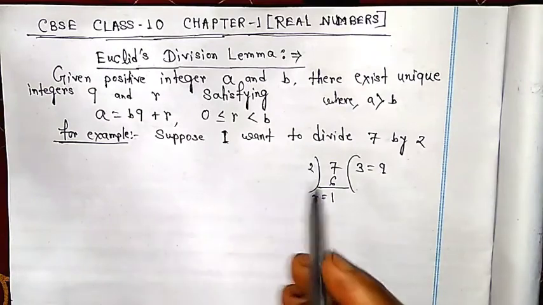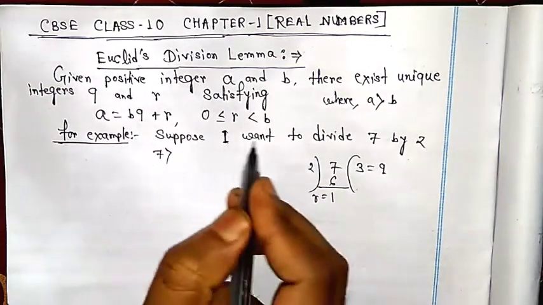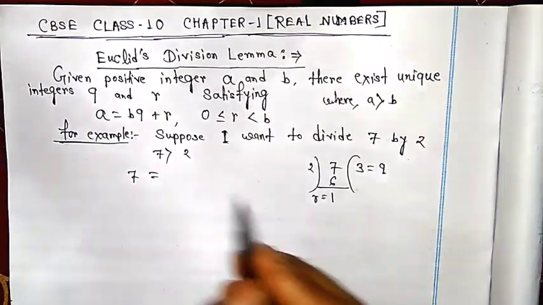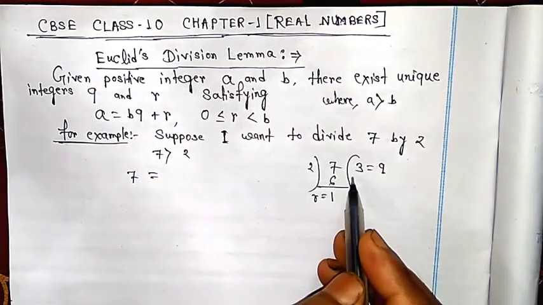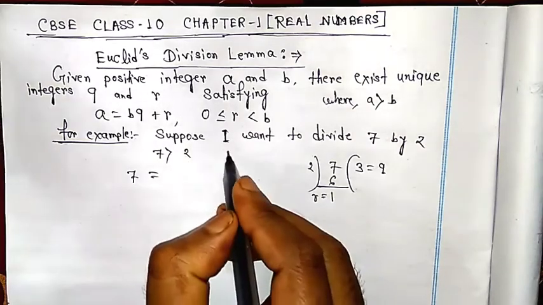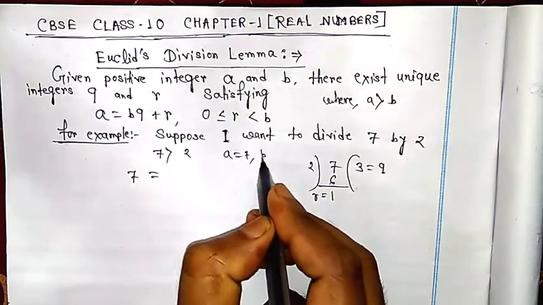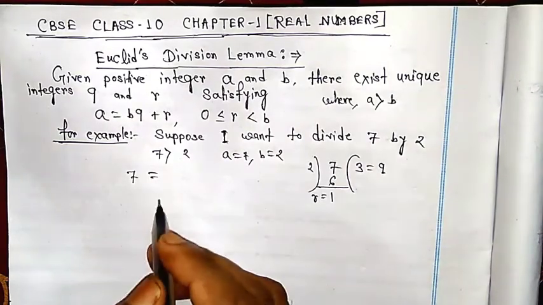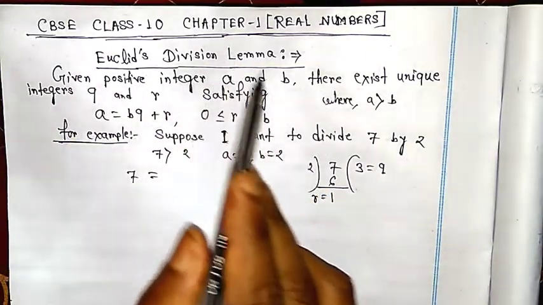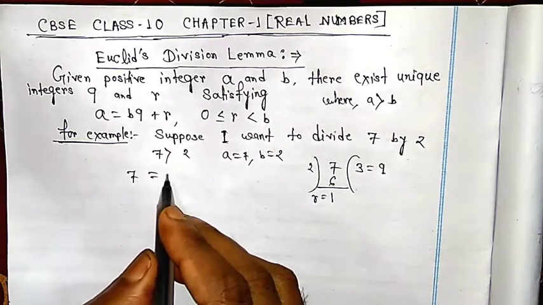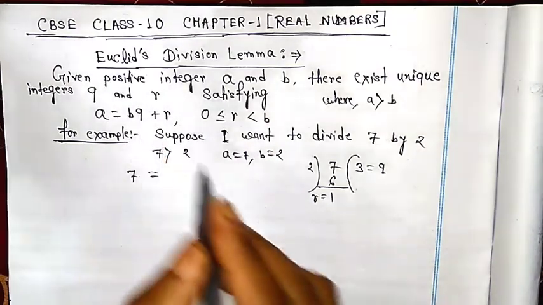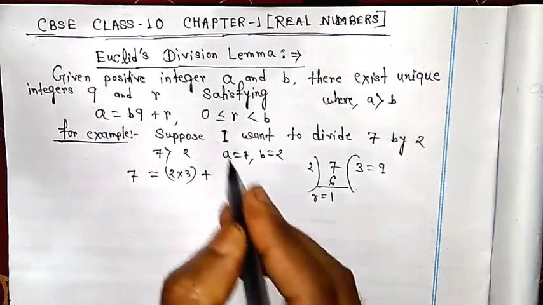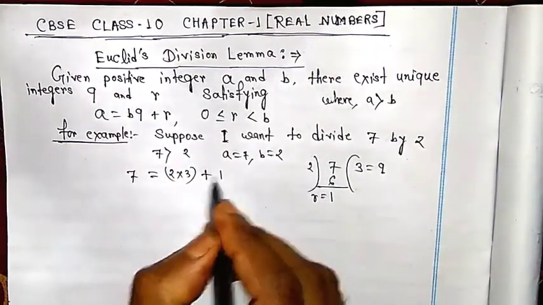Here a equal to 7, b equal to 2, q equal to 3, r equal to 1. According to Euclid division lemma, we can write 7 equal to bq, that means 2 into 3, plus r, that is the remainder, 1.